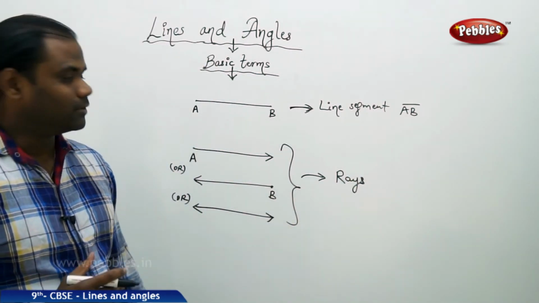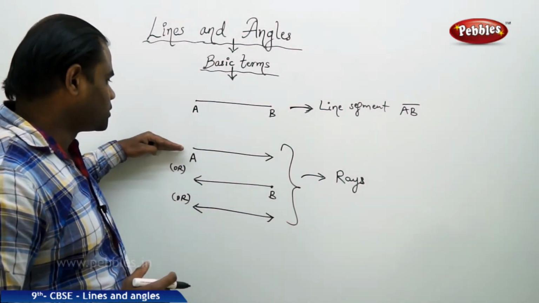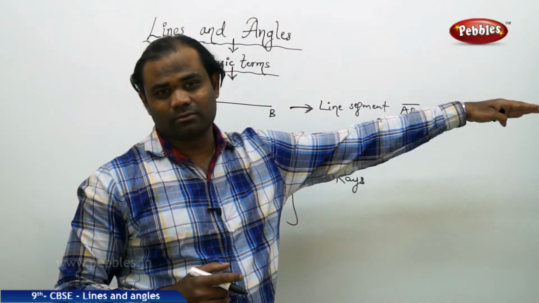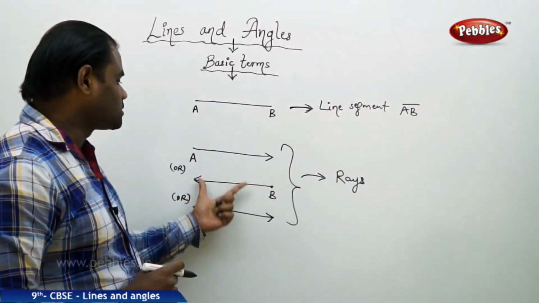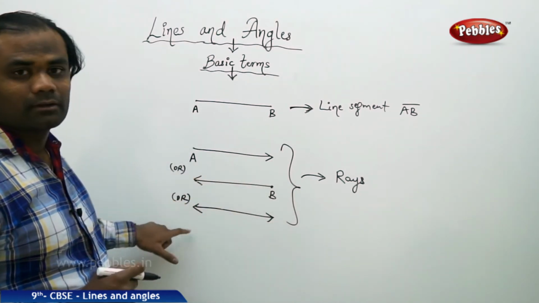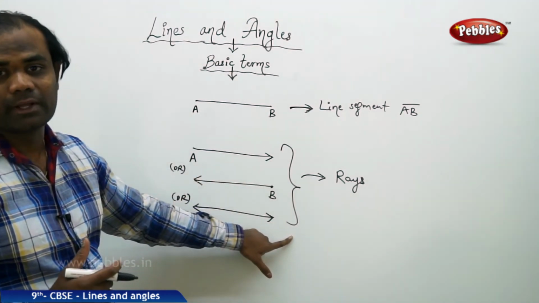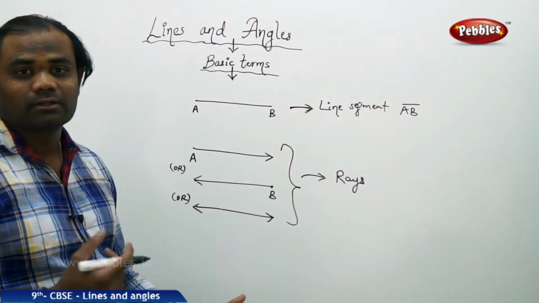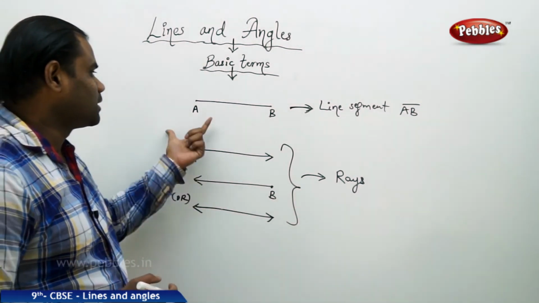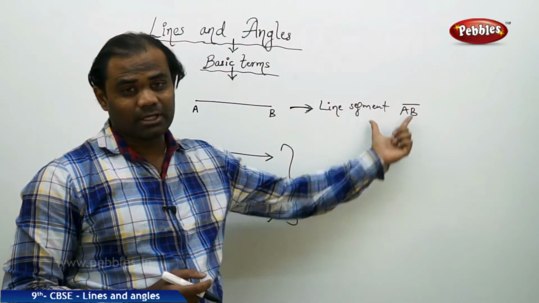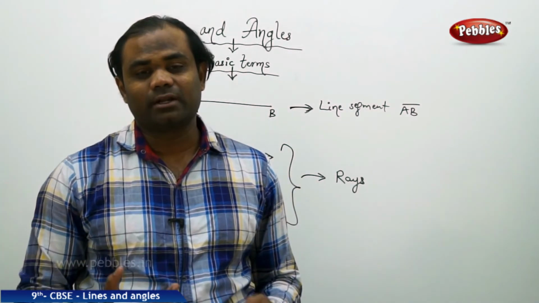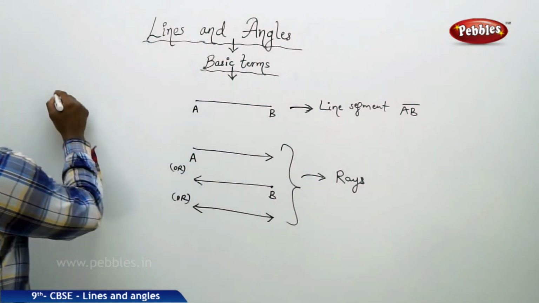A light ray which passes, imagine I take a torch and pass a light ray, it never ends, it goes on and on. So we call this as a ray. The right ray, the left ray, the two end ray is how we define the subterms. So it's very important that we understand the line segment AB and the rays AB before we understand the line AB.